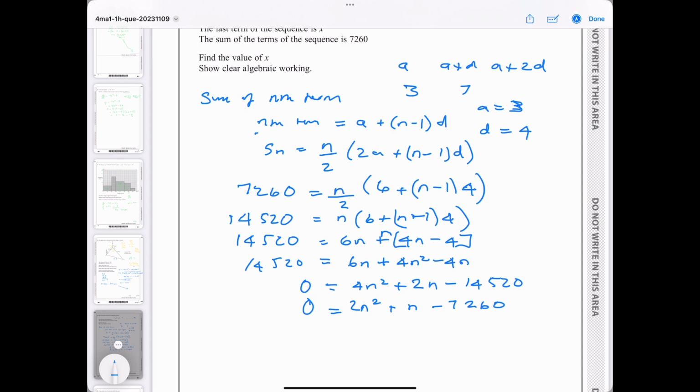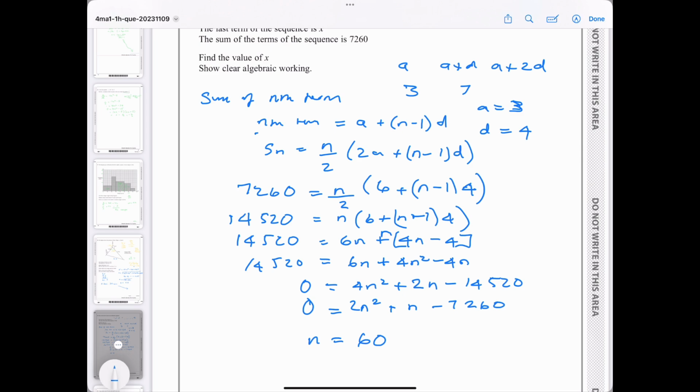But I'm actually just going to check this is right: minus 7260 equals, 60 goes in. If we divide that by 60 it will work. So n equals 60.